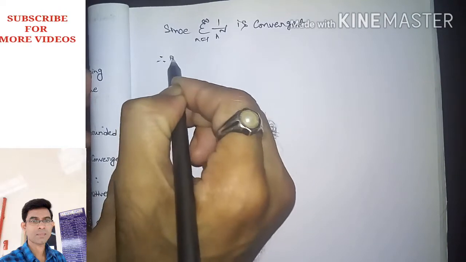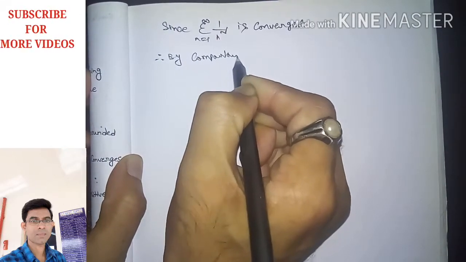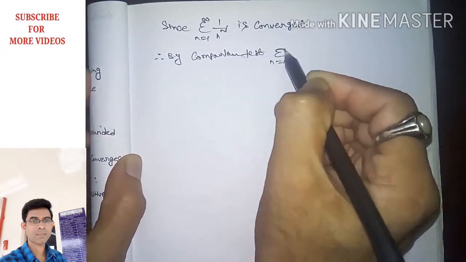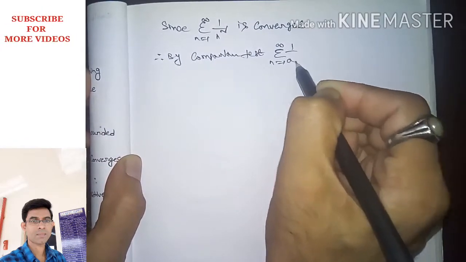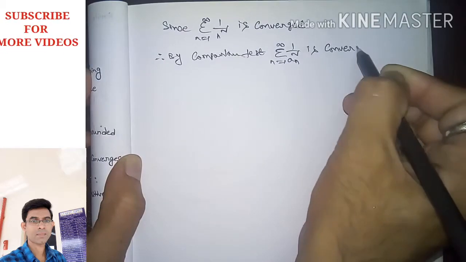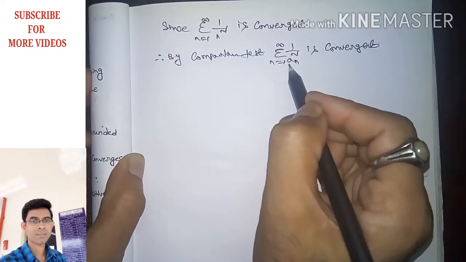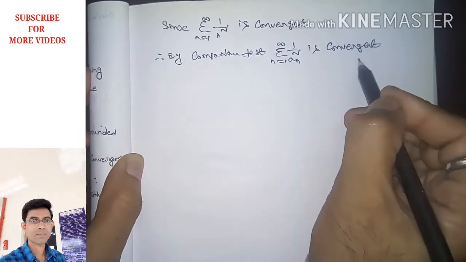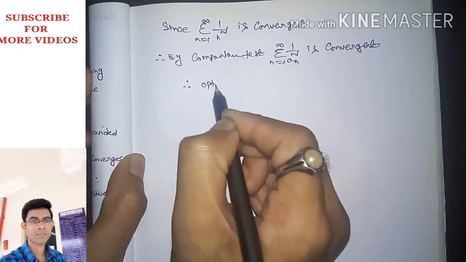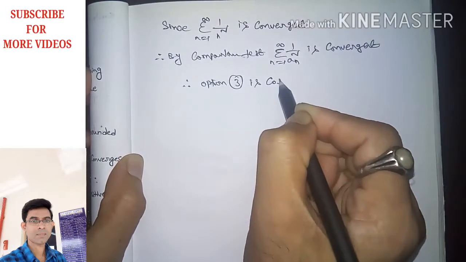Therefore, by comparison test, the series n = 1 to infinity 1 by a_n square is convergent. By using comparison test, the series 1 by a_n square is convergent. Therefore, option 3 is correct.